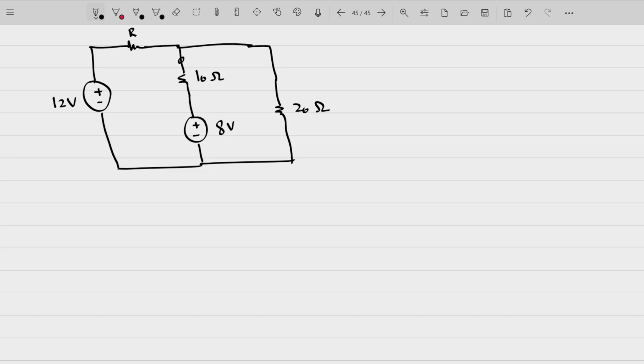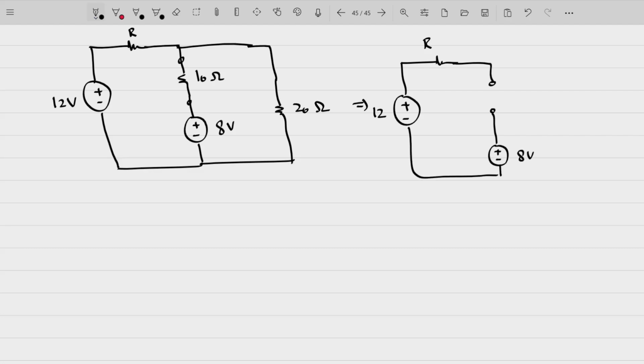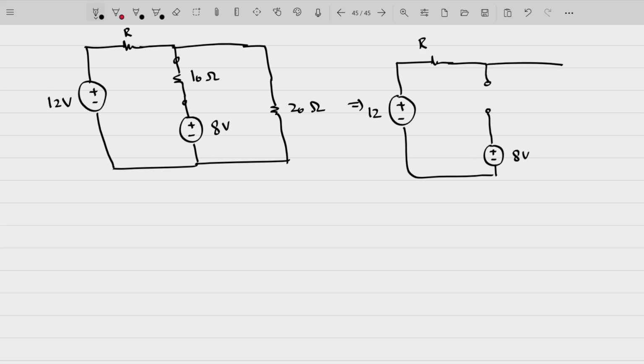Let us open this terminal. Twelve volts R, plus minus 8 volts, 20 ohms.